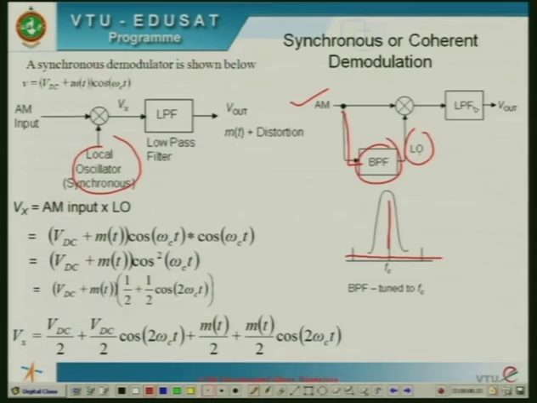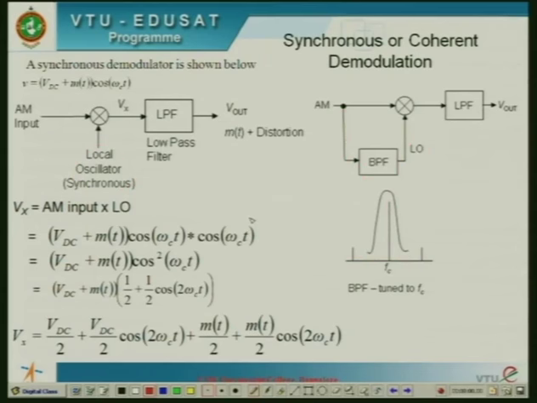This band pass filter ensures that only the carrier signal FC is allowed, and that signal will be in synchronous with your AM signal. If you multiply these two, you will get the output, and if you pass it to a low pass filter, you will be able to get back m of t. And that is the advantage of having a synchronous coherent demodulation technique. Let us understand these concepts mathematically.